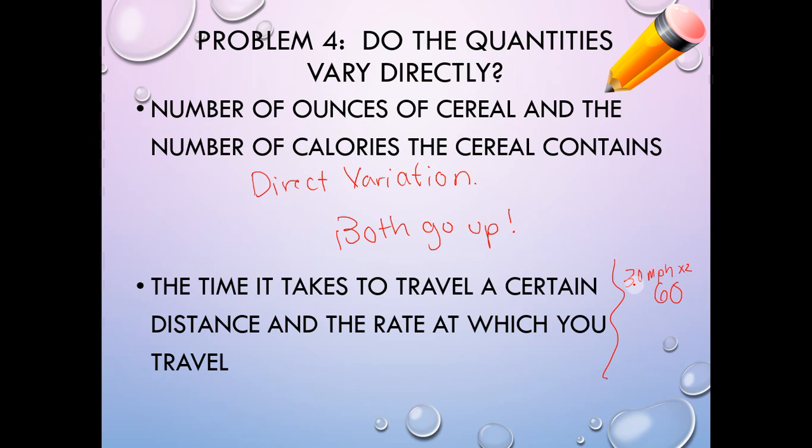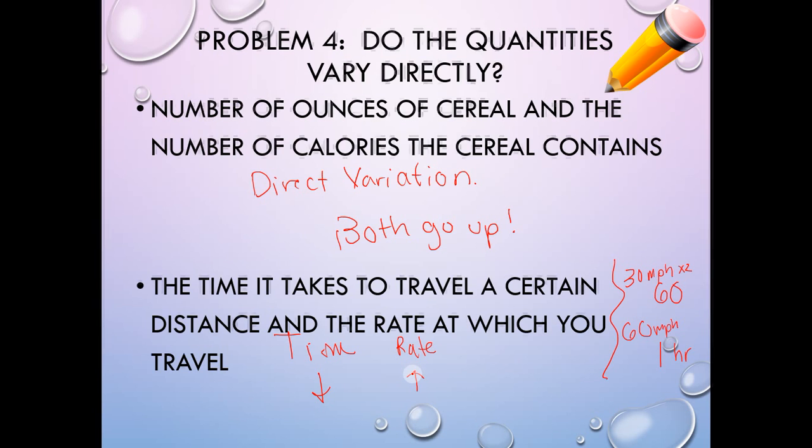Or I could cover that though if let's say I increase to 60 miles per hour. How long is it going to take me to get to 60 miles? It's going to take me only 1 hour. So think about it. The time is going to go down. So my time is going to go down as my rate goes up.